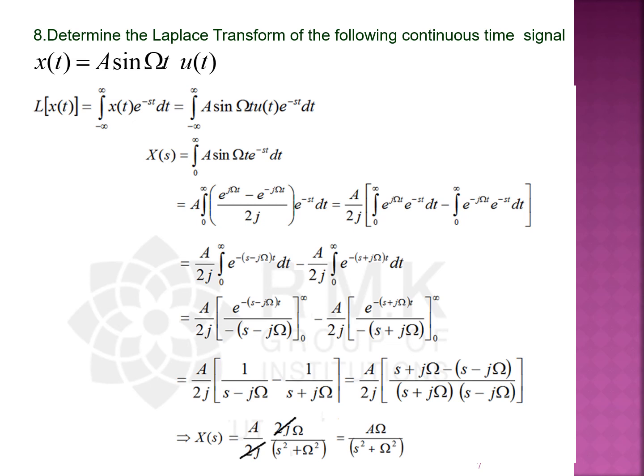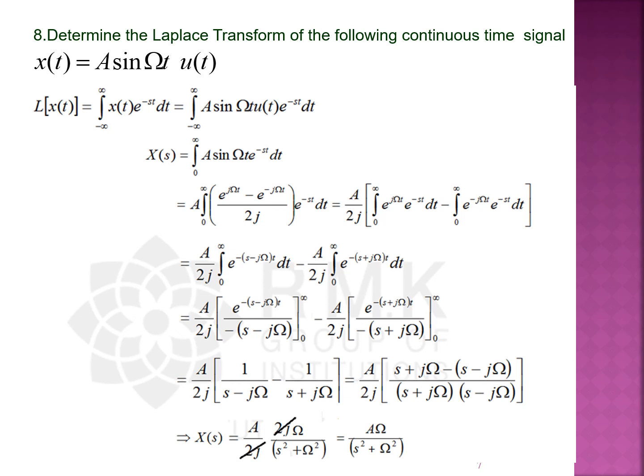Correct. Now, what I do is I integrate this. I take a common, and you all know what is sine theta: e power j theta minus e power minus j theta by 2j. Now take 2j also as common. Now start doing the integration. When I do the integration and look into this final step, 1 by s minus j omega minus 1 by s plus j omega.